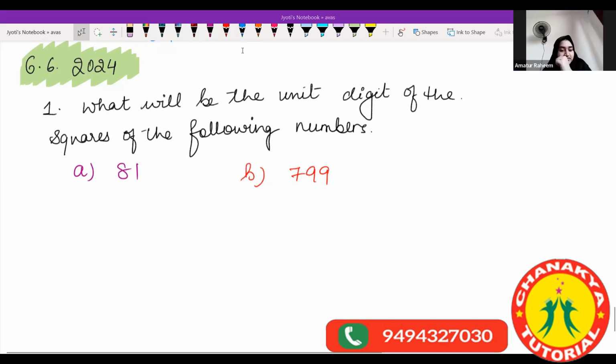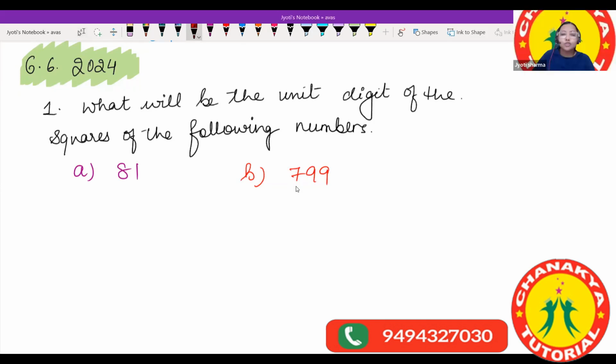No, ma'am. I joined on Monday, but I couldn't join on Tuesday because I was out. Have you joined through your name only? Yes, ma'am. Tell me your complete name. Ma'am, Amatur Rahim. Okay. So if you do 81 into 81, the unit place will be 1 only. See, 9 square is 81. So your unit place will be 1 in this case.